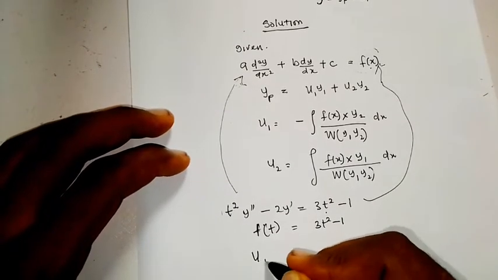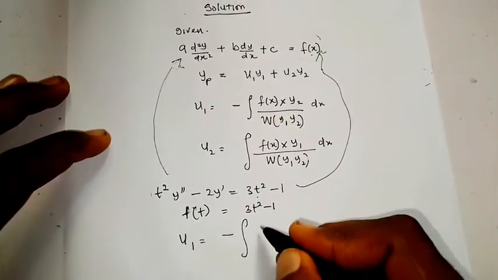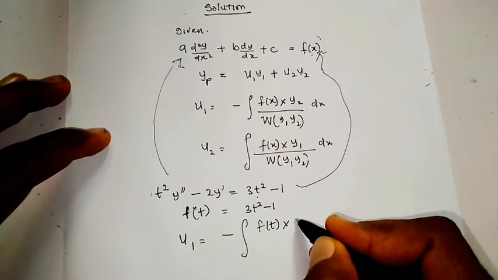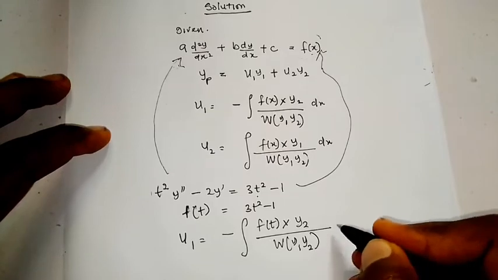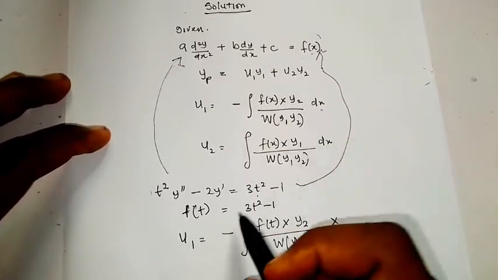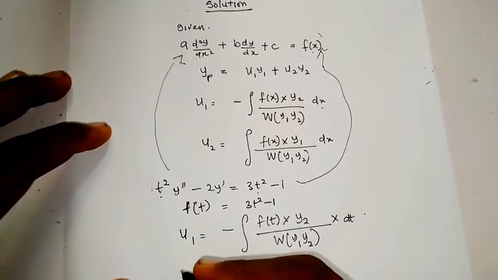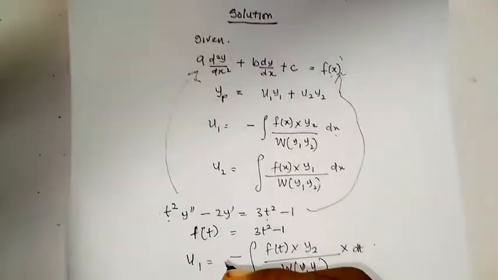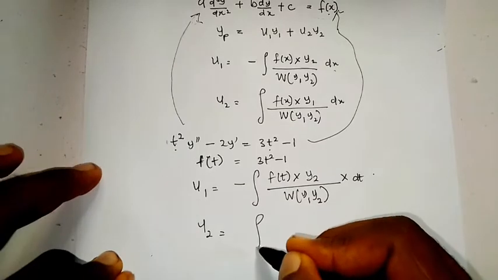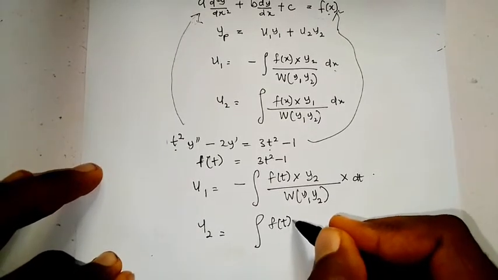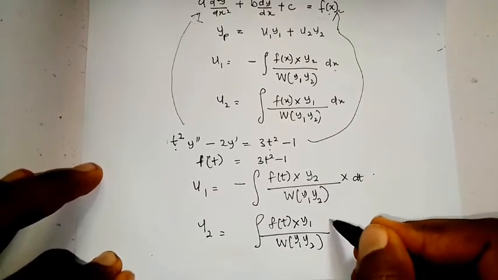Then my u1 now becomes minus integral of ft times y2 divided by wronskian of y1 y2, and it's not with respect to x, remember, it's with respect to t, dt. Then my u2 becomes integral of ft times y1 divided by wronskian of y1 y2 dt.